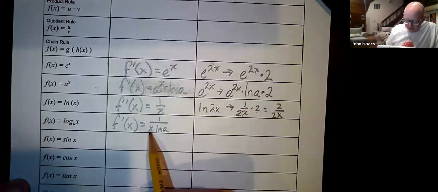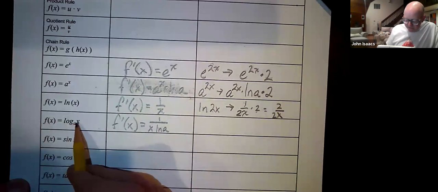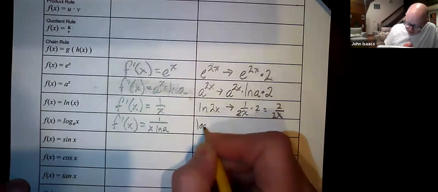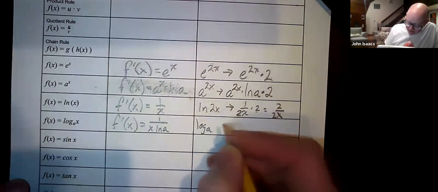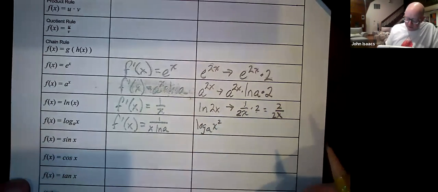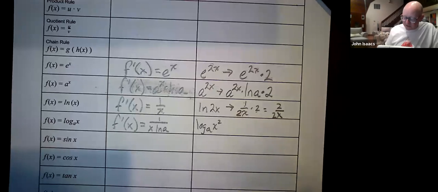Same thing applies here. If x is a function, we have to multiply by its derivative. Let me make the function here, well, it winds up canceling out very often. Here, let's do this. Log base a of x squared. Now, in actuality, this x squared, you could pull out in front as a 2 because of log rules, which is the next thing I'm going to go over.